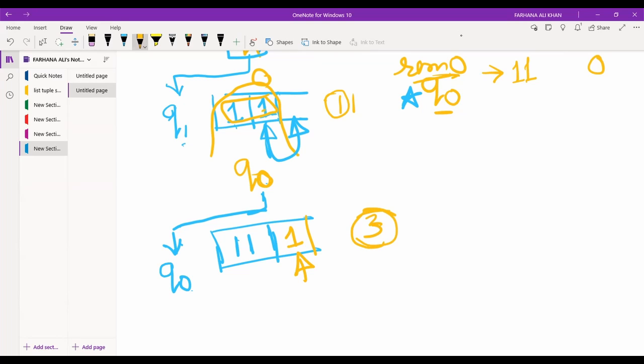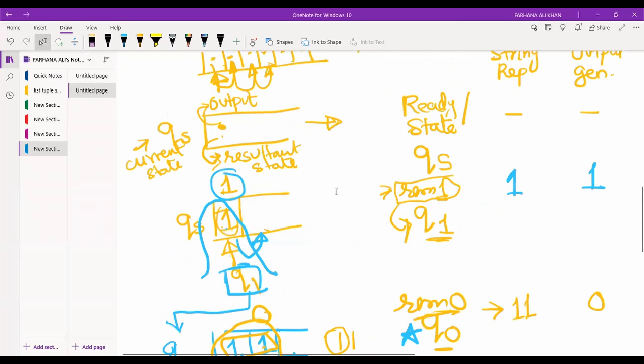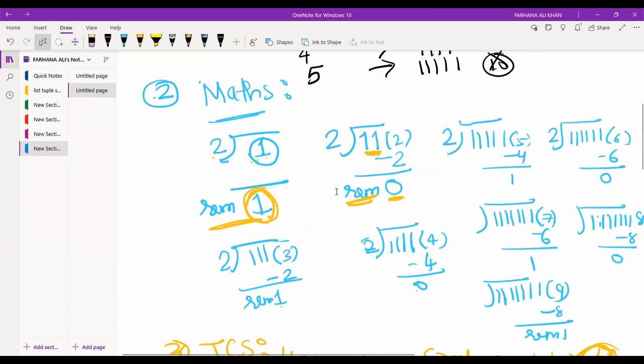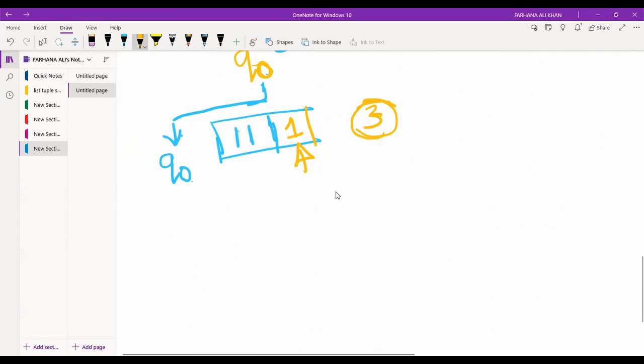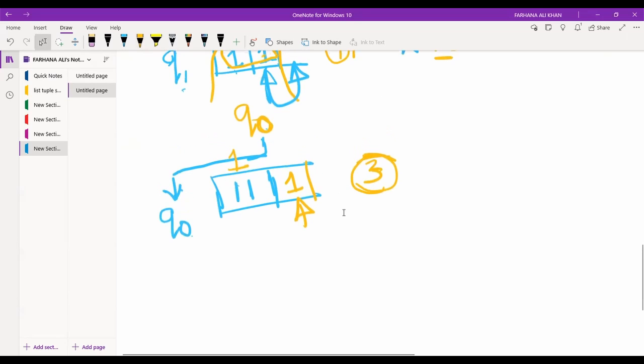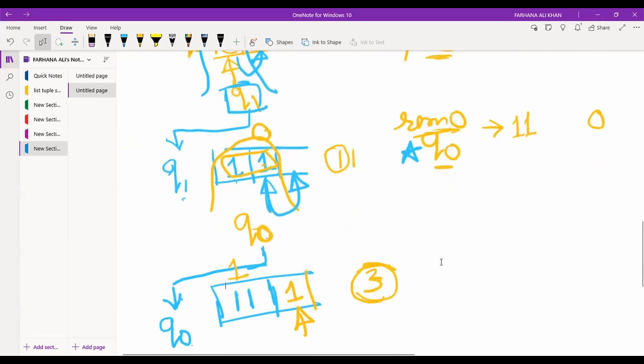So in decimal, when number 3, the three occurrences of ones, is divided by 2, it generates the remainder 1. So we are going to write remainder 1 here, and the condition is remainder 1. Have we already considered this condition?